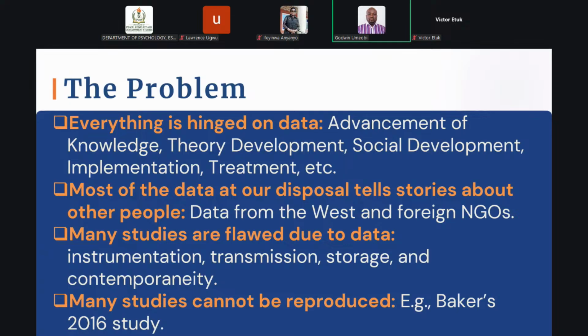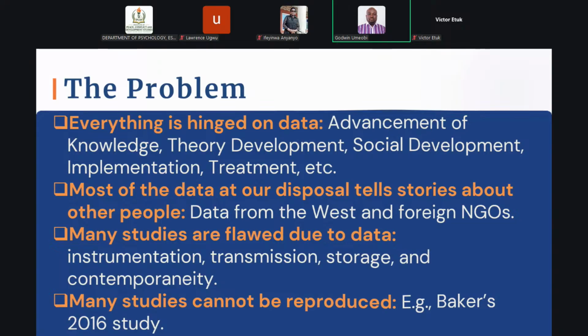Many studies are flawed due to data. Some of them are because of instrumentation. Some are because of transmission and storage of data. Some are because of contemporaneity, with data not being collected at the time that it's needed or when it is very useful. So many studies cannot be reproduced.